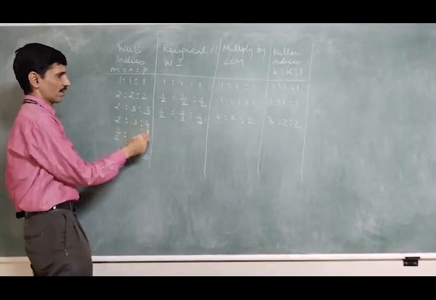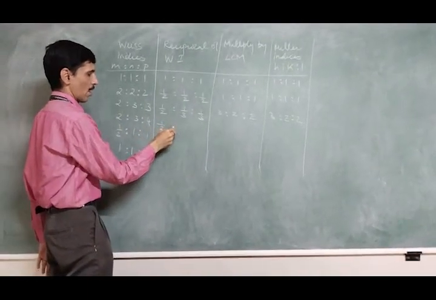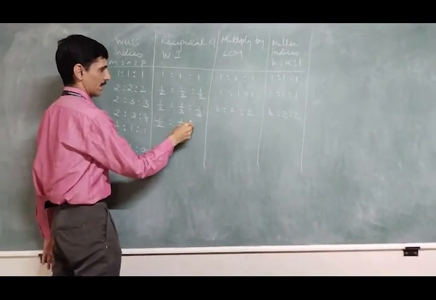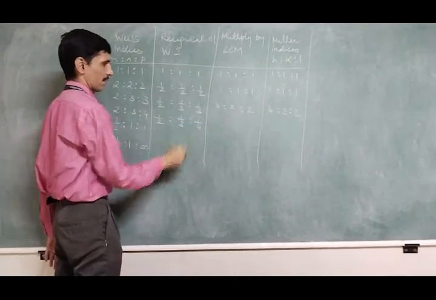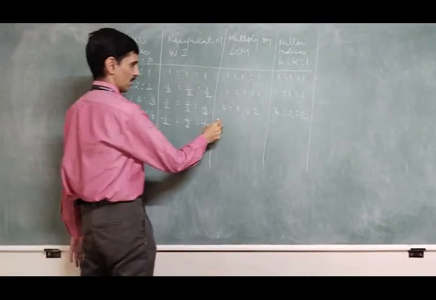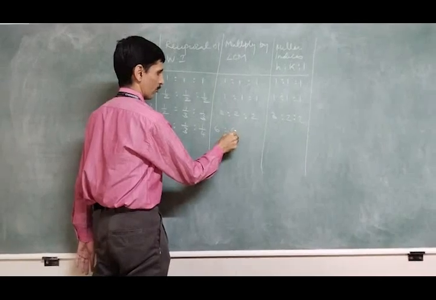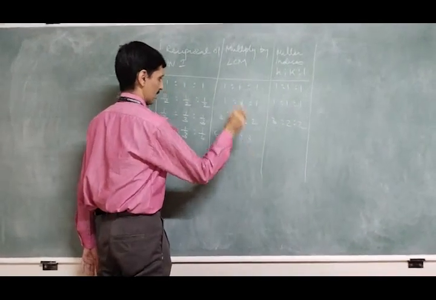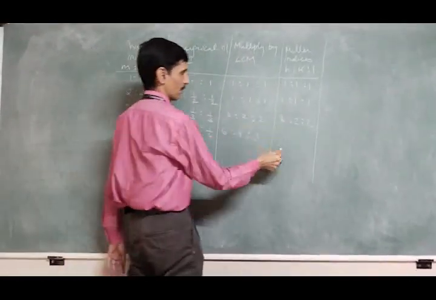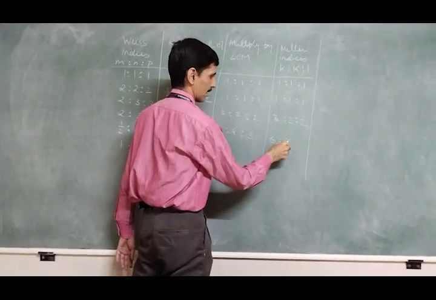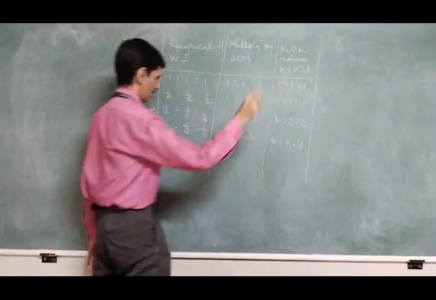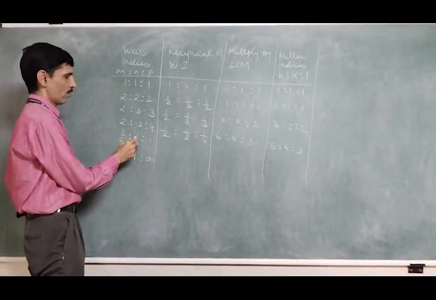Next we have 2:3:4. So 1/2, 1/3, 1/4. The LCM is 12. So this will give you 6:4:3. Okay, so the same we will be having over here also because they are all in the simplest ratio. Next is 1/2 : 1 : 1.